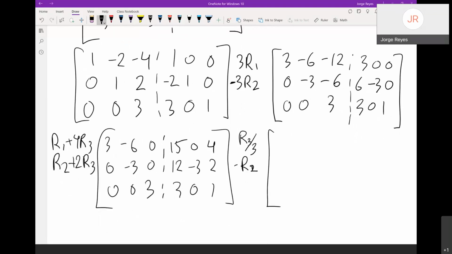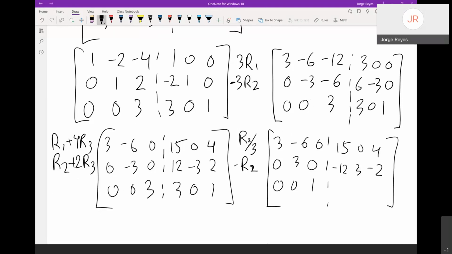So that results in this thing. So 3, -6, 0. Okay, so here I'm going to get 3, negative 12, positive 3, negative 2. And then here I get this thing. So 1, 0, 1/3. All right, and now I'm pretty much done.